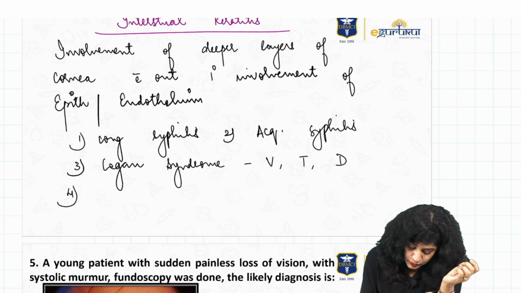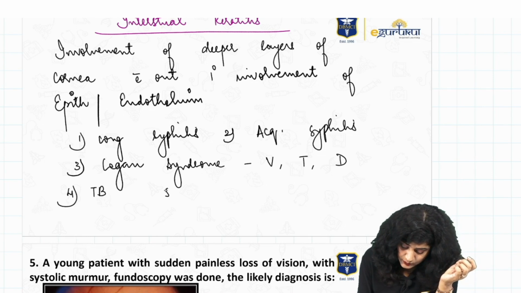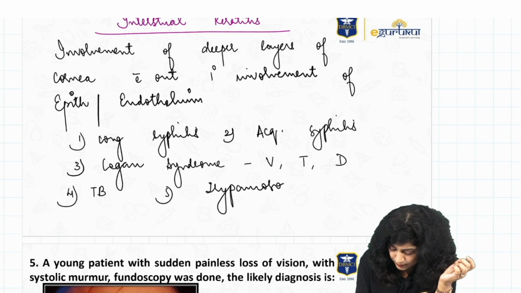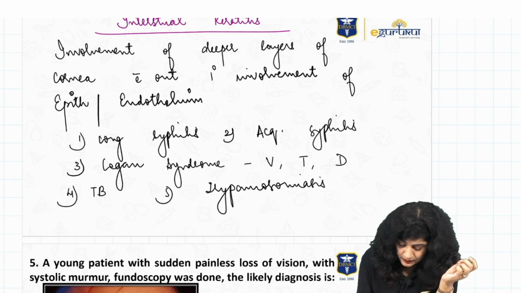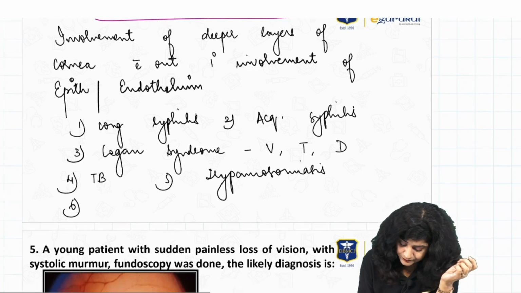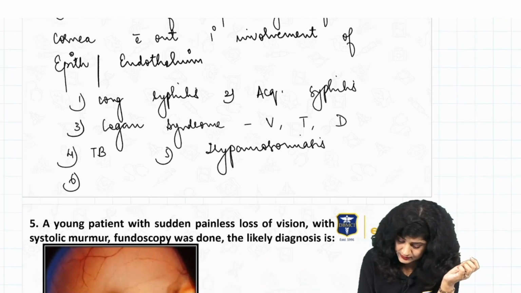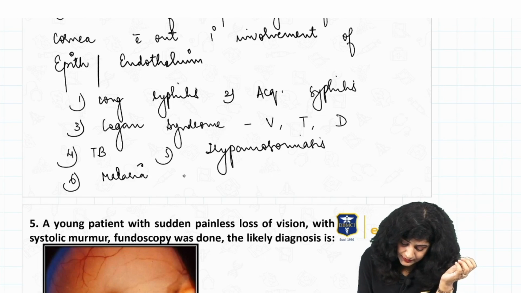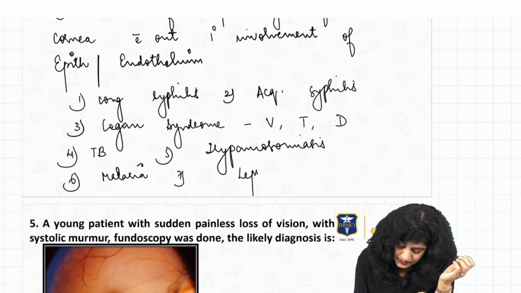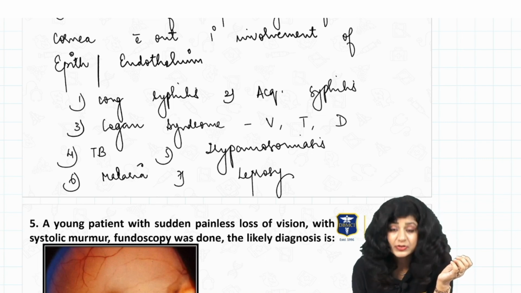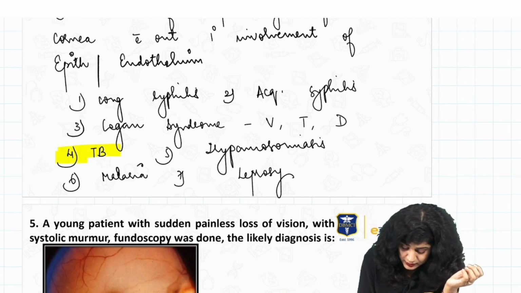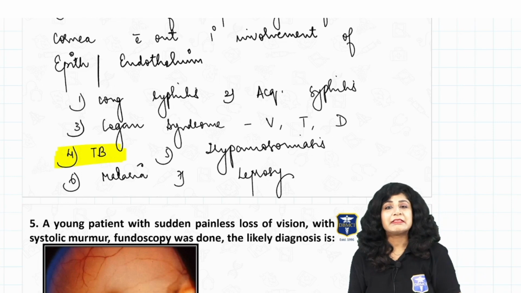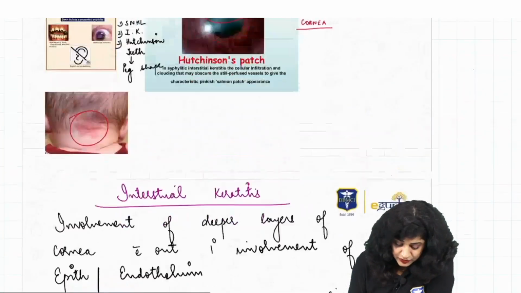Then we can also have tuberculosis, trypanosomiasis, malaria, and leprosy. These are the common causes. Yes, it could be due to tuberculosis also. But in this case, we are not considering tuberculosis.